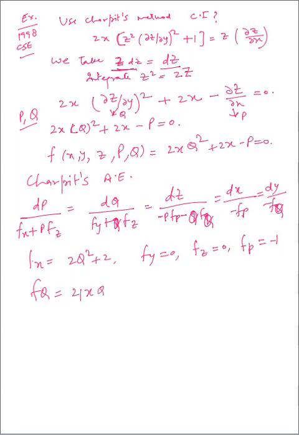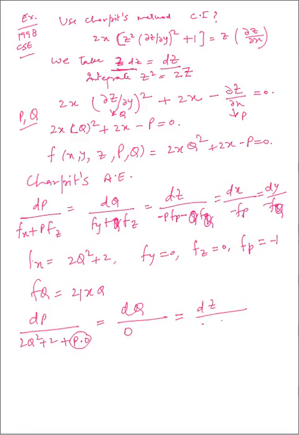So we put in this: dp upon 2q square plus 2 plus p fz, which is 0, is equal to dq upon fy, which is 0, is equal to dz upon some value.